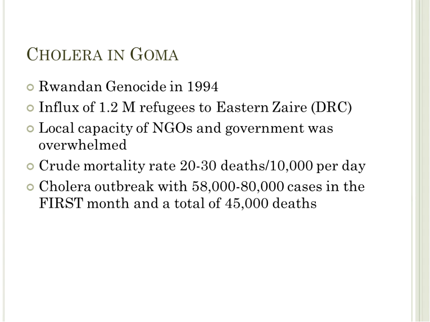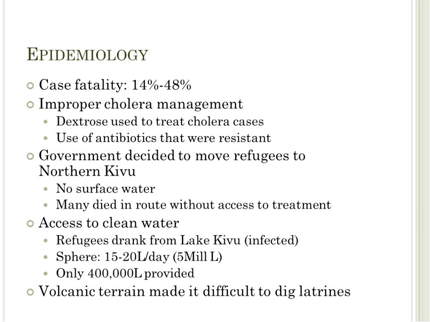Initially, during the first month, it's estimated that 58,000 to 80,000 cases were counted, and there were a total of 45,000 deaths. I'm going to look into some of the reasons why that mortality rate was so high and why they had such a high case fatality rate.